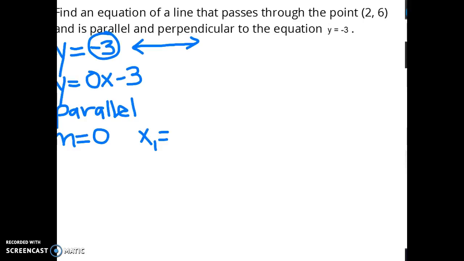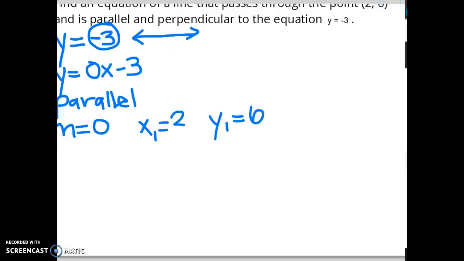So let's just pick a point. And here's my y. Let's just use the same points. So let's do this. Point slope form says y minus y sub 1 equals m times x minus x sub 1.